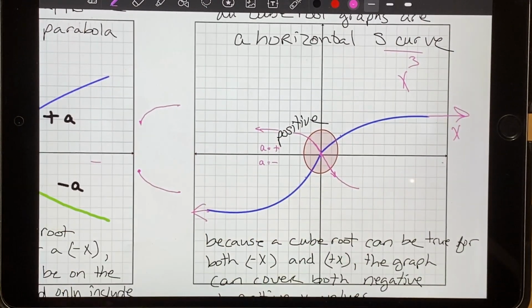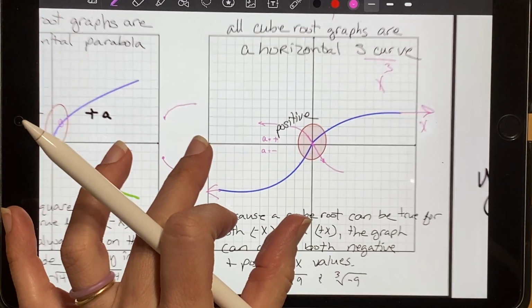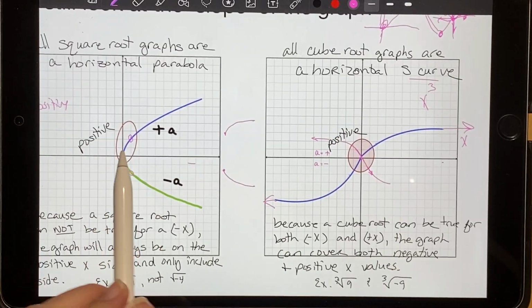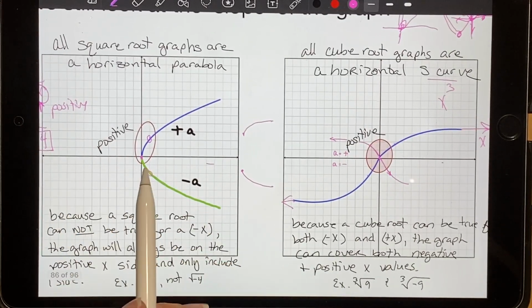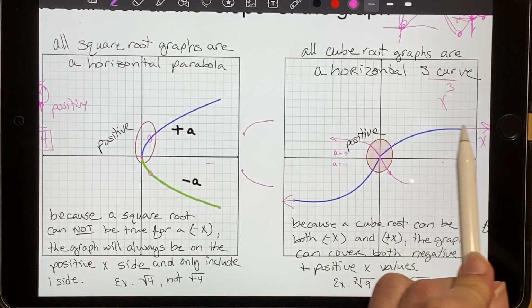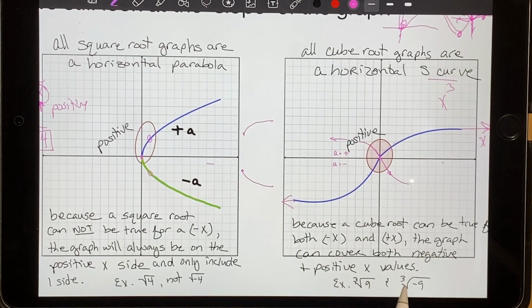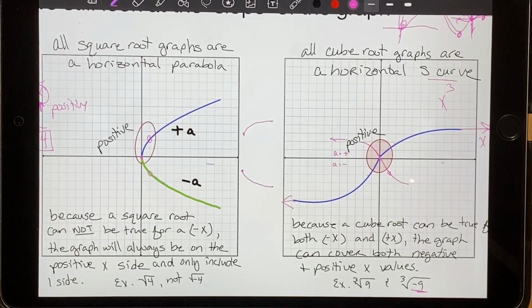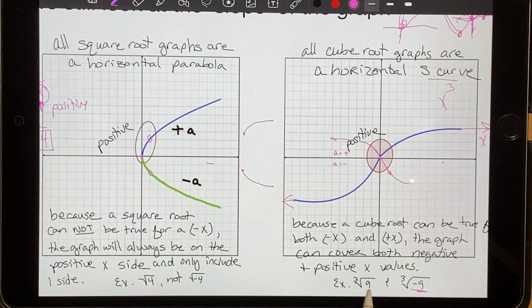So we're using all the same steps as before. And then just a reminder of why over here, whenever we have a square root, we're only on one side of the graph, and yet our S curves get to use both of them. Because remember, when we have an index that is an odd number, the radicand can have a negative value underneath, because we could have an odd number of bases that would multiply and get us negative, or it can have a positive.